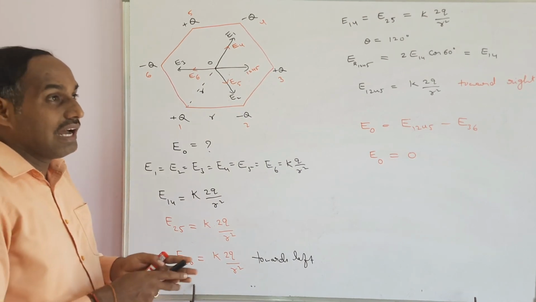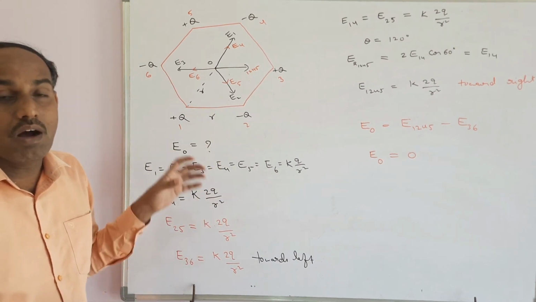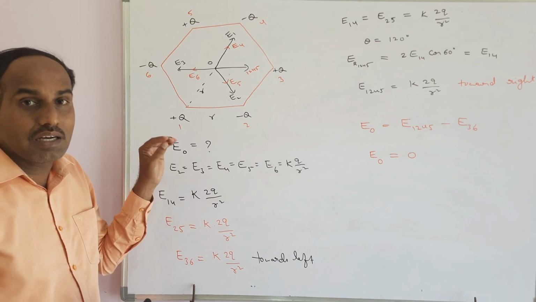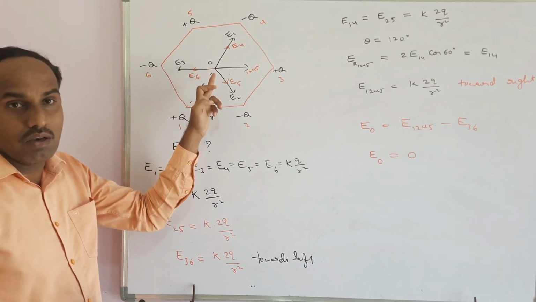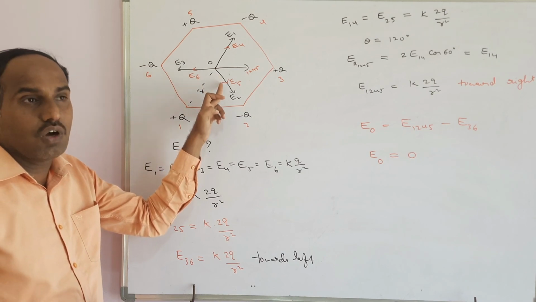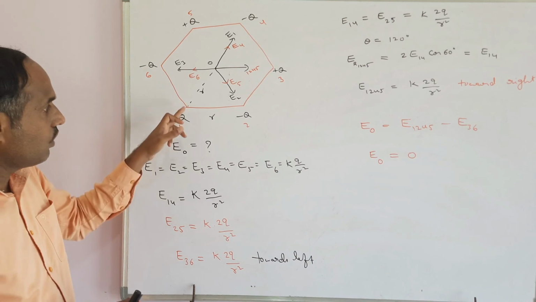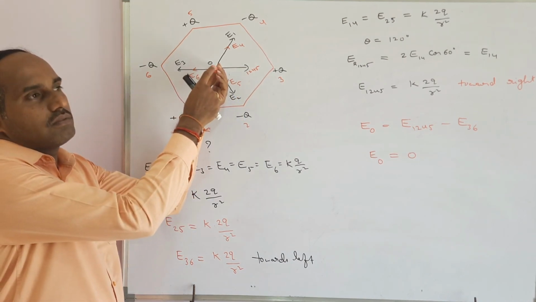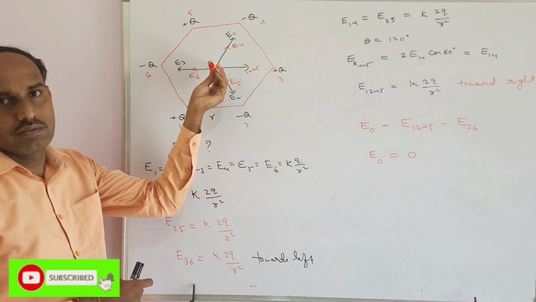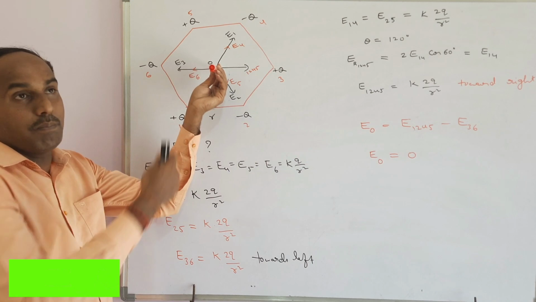So now at a higher level, for the same given arrangement, they may be asking for the expression for electric field strength at a distance r from the center of the hexagon, but normal to its plane. Which means now, as these are all at the same distance, the point is here. Understood? When the point is here, it is normal to the plane.